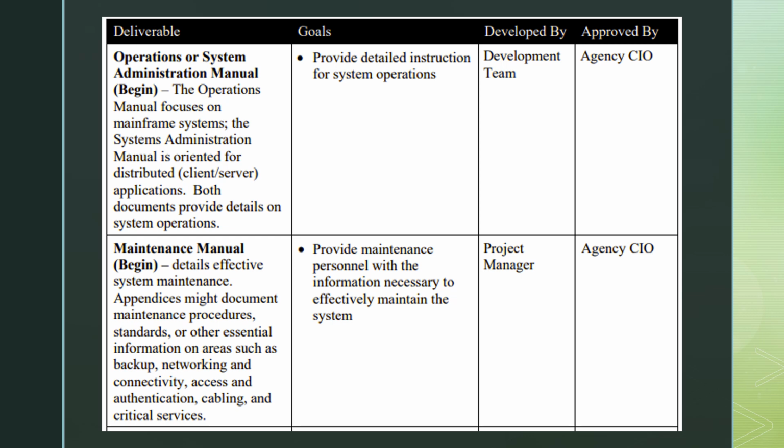It details effective system maintenance. Appendices might document maintenance procedures, standards, or other essential information in areas such as backup, networking and connectivity, access and authentication, cabling, and critical services. The goal of this deliverable is to provide maintenance personnel with the information necessary to effectively maintain the system, developed by the project manager and approved by the agency CIO.